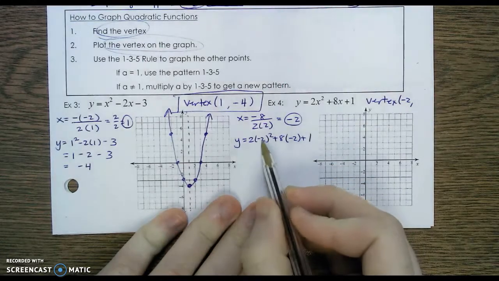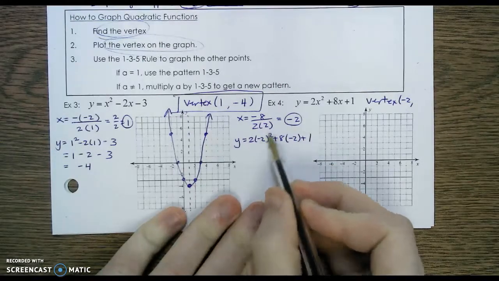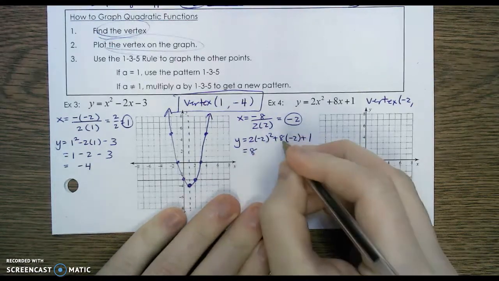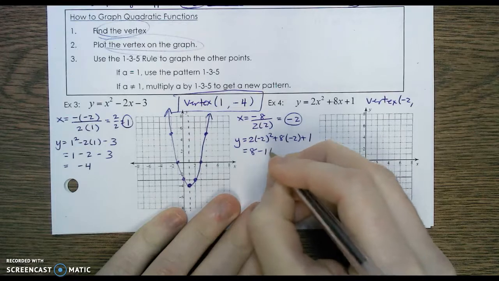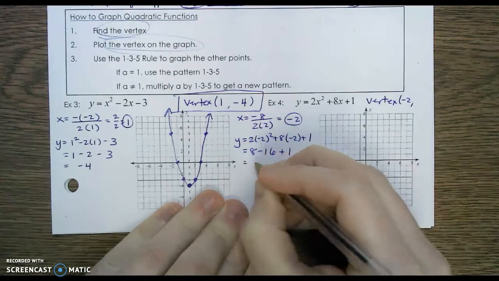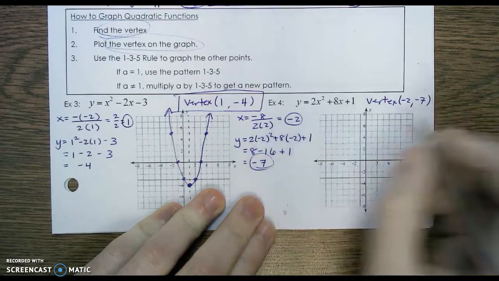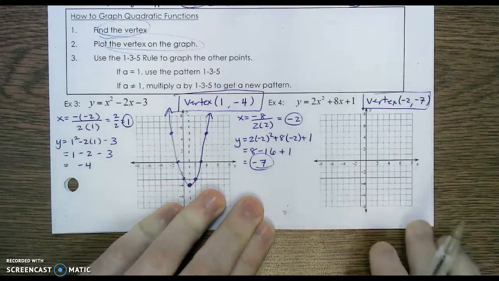Here I'm going to get negative 2 squared, which is 4. Then 4 times 2 is 8. Then 8 times negative 2 is negative 16 plus 1. So we get negative 7 for the y value. So I've got a vertex of (negative 2, negative 7).